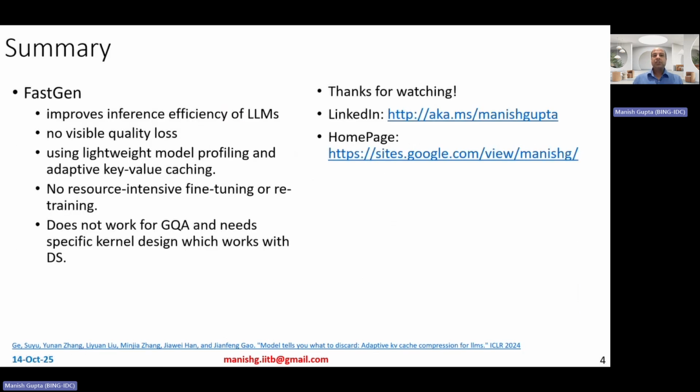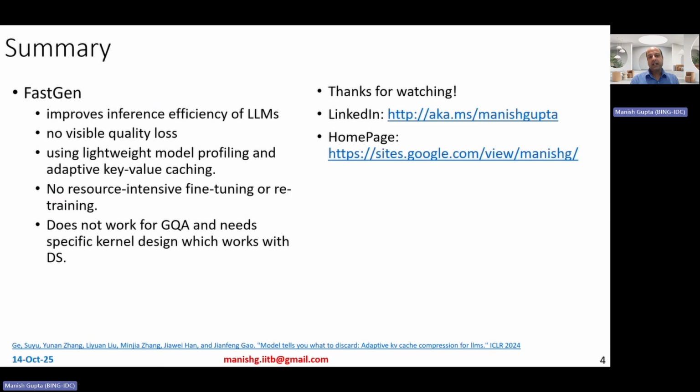Okay. So in short, in this video, I talked about FastGen, which is a method to improve the inference efficiency of large language models with no visible quality loss by using lightweight model profiling to figure out for every particular head in every layer of the model what is the right policy to use in terms of KV caching for all the tokens in the input.